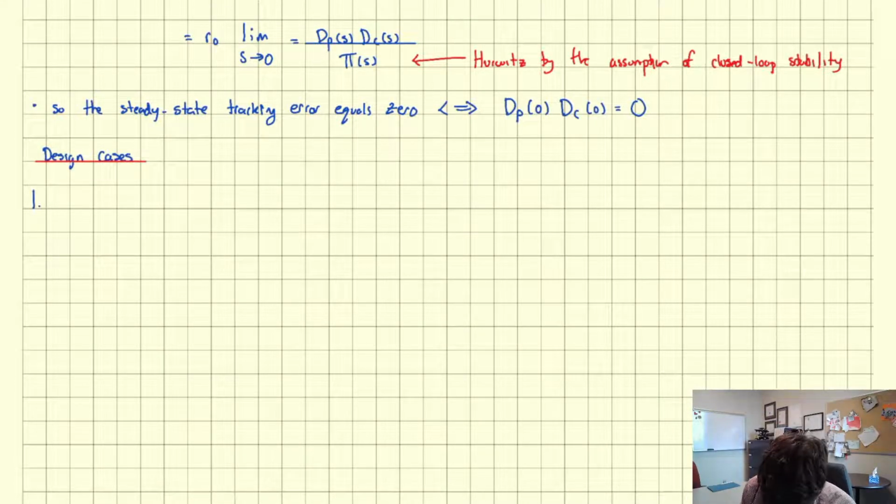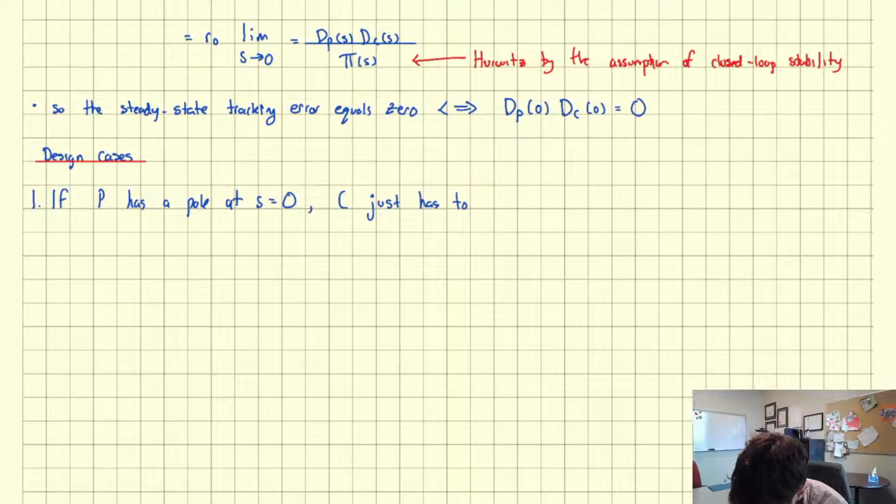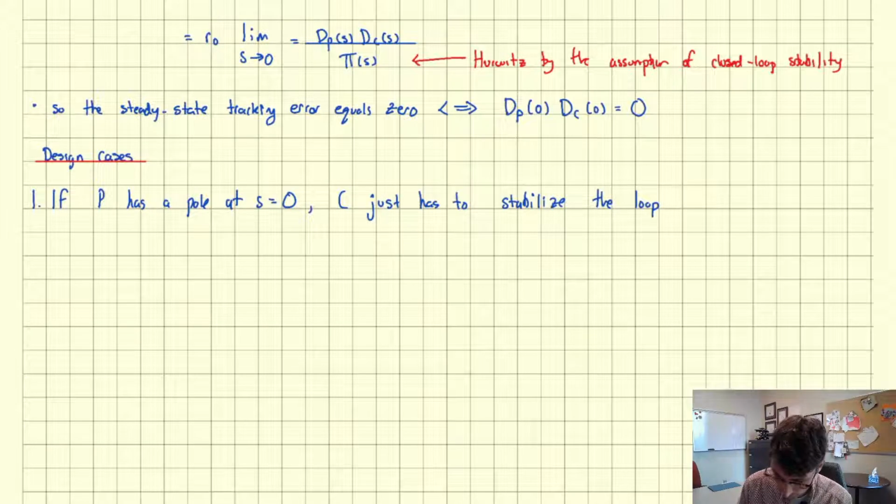So, case 1: if P has a pole at s equal to 0, and you want perfect step tracking, the controller just has to stabilize the loop. Okay, so that's the easiest kind of case in some sense.